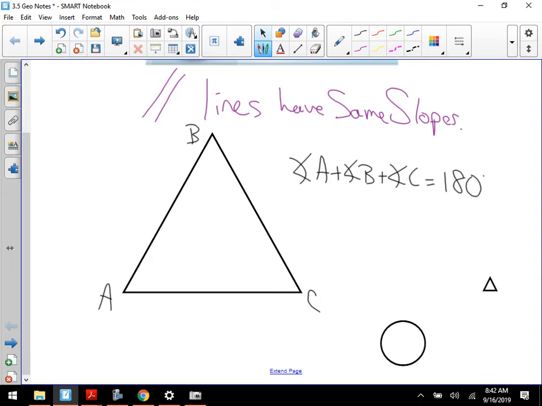Now, you guys remember when we talked about planes? You guys remember planes? Yeah, they're good. Plane, what we said was a flat surface that extends in all directions. In college geometry, it's called axiomatic geometry.